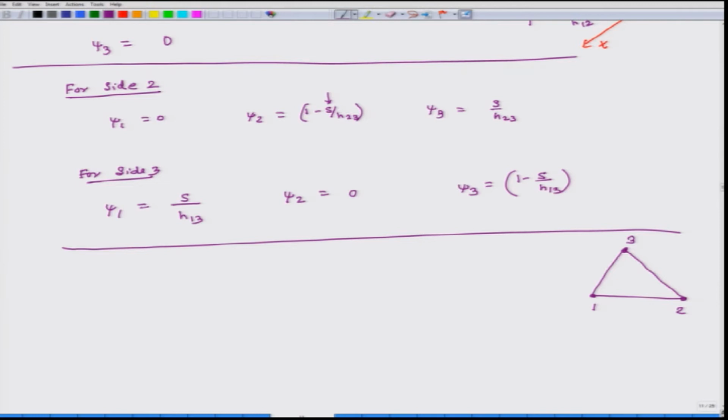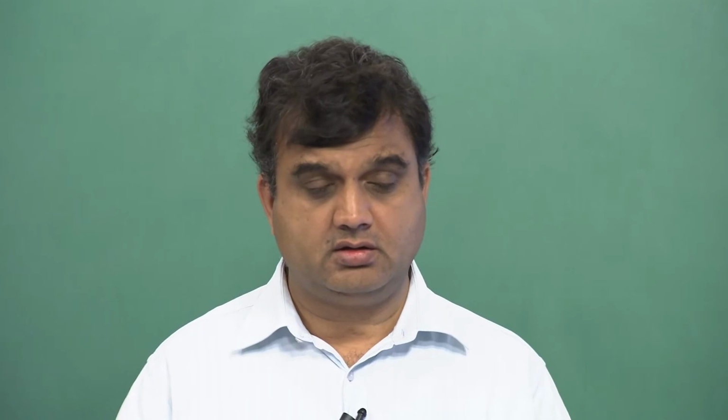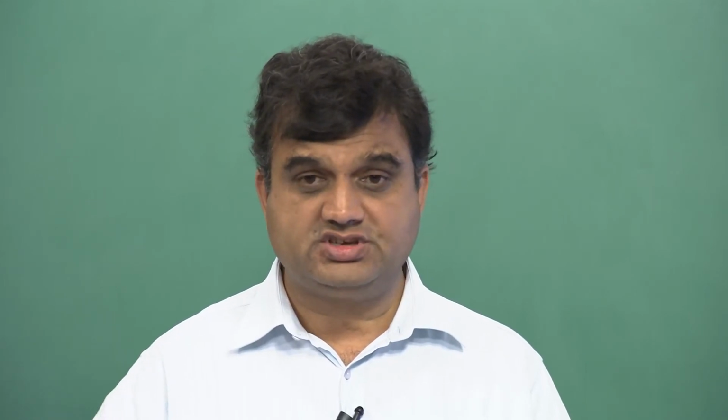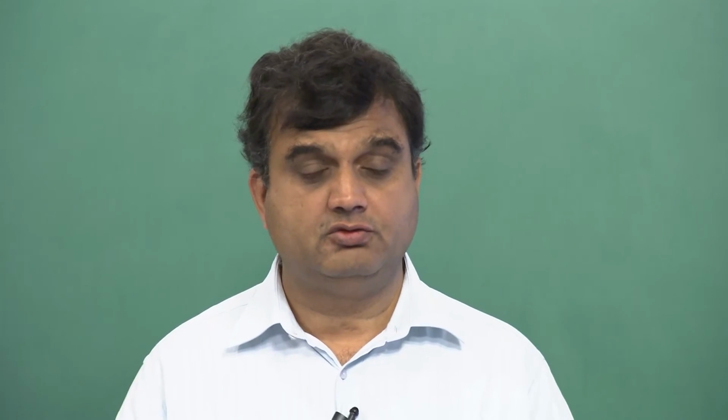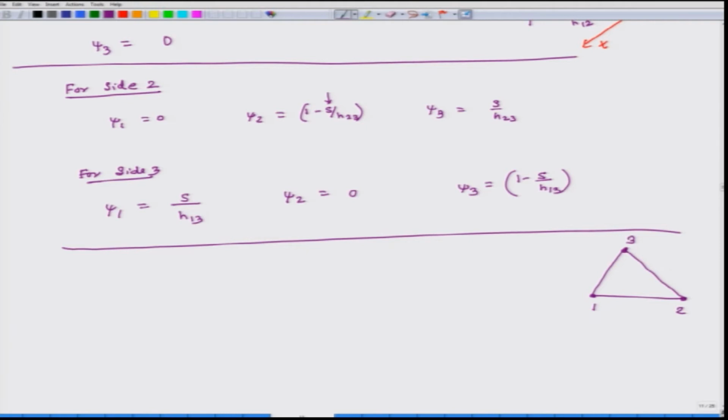Yeah, in general we should calculate q for only the side which is not shared. Suppose it just happens that I have just one element in the whole system. So, I have to calculate q for which sides? If I have just one element in the whole mesh, then for which sides I have to calculate q? For all the sides.